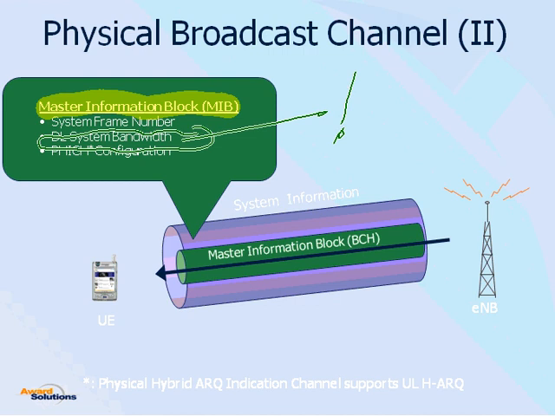Now, if you have observed, if you look at primary signal, secondary signal, even the broadcast channel, all of those are in the center part of the spectrum, center 72 subcarriers. So if you want to detect primary signal, secondary signal, or the broadcast channel, you do not even need to know how much bandwidth we are using, because you will always detect the signals in the center portion of the spectrum.